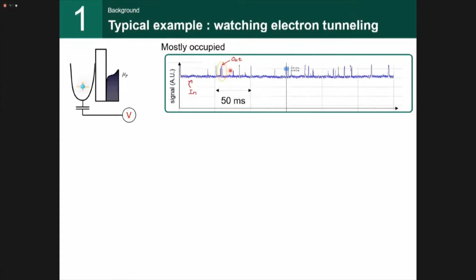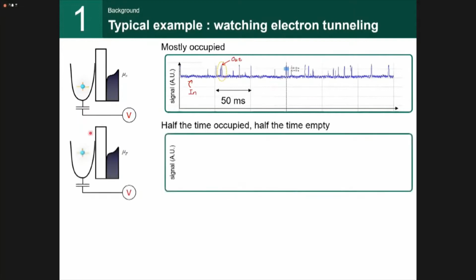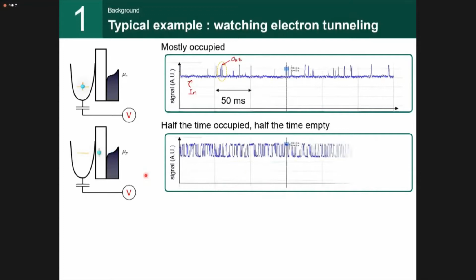You can see these spikes, and these spikes represent the tunneling out events, so you can basically measure tunneling events in real time. In the other case, when you bring the energy level very close to the Fermi level, then the tunneling is freely allowed, and you can see a fluctuating two-level sensor signal.